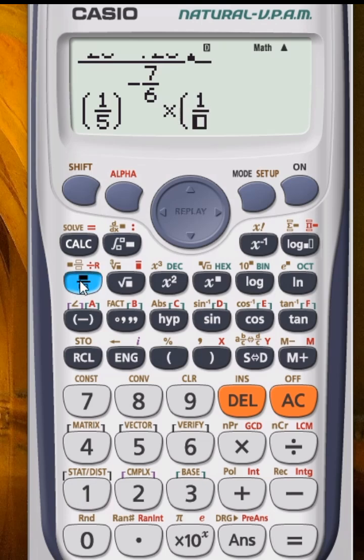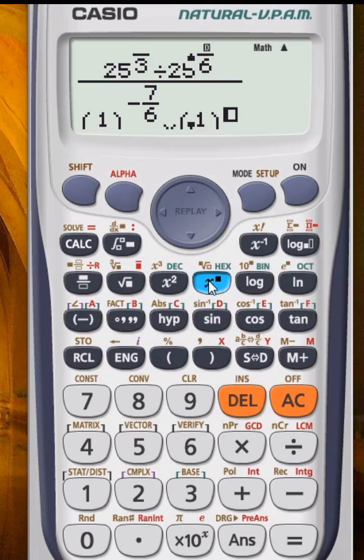So 1 out of 5, power, this is the power sign as I initially stated, 1 out of 6.